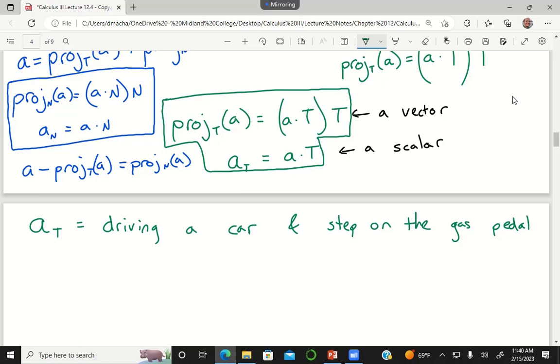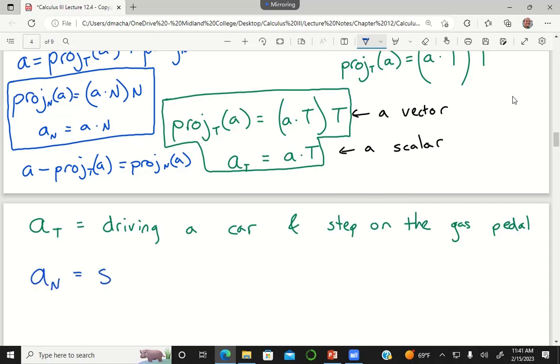Now, what if you leave your foot exactly where it is on the gas pedal, and so you're just maintaining your speed. Speed stays the same, but then suddenly you turn your steering wheel. If you turn your steering wheel to the right, then you sort of get thrown to the left. Your car is actually accelerating even though your speed is staying the same. The type of acceleration you're experiencing when you turn your steering wheel is the normal component of acceleration.